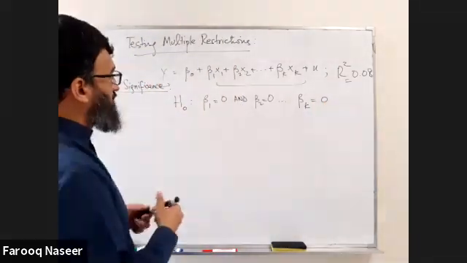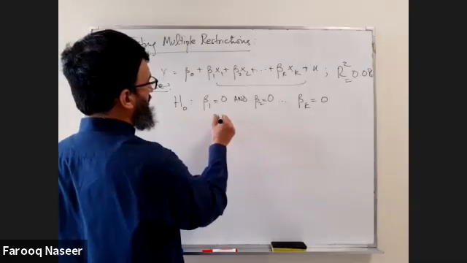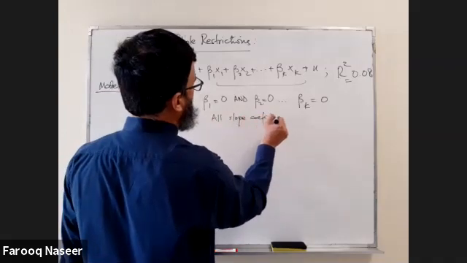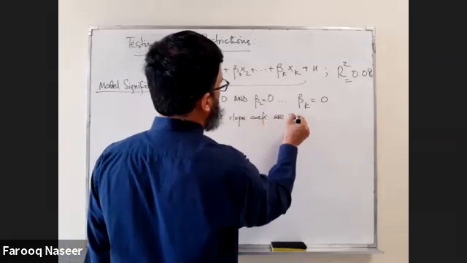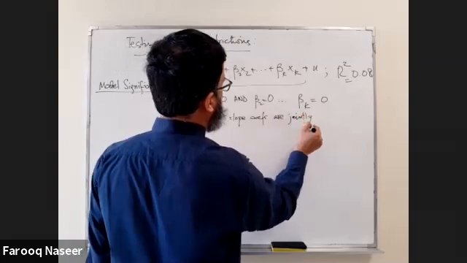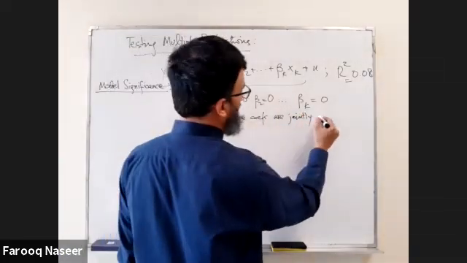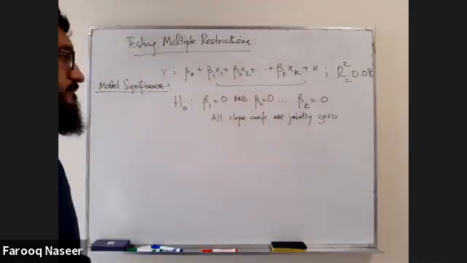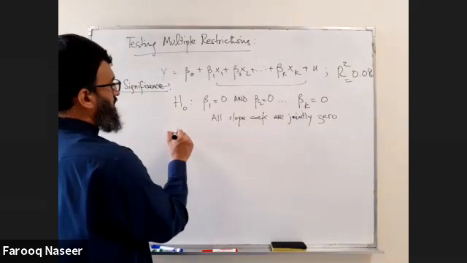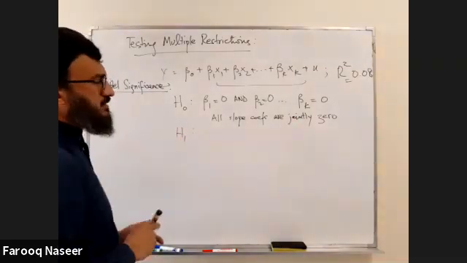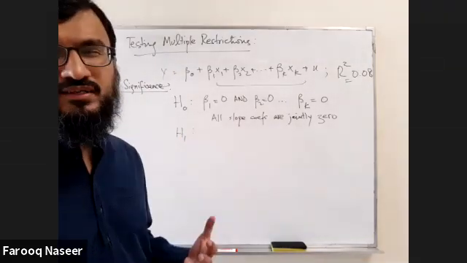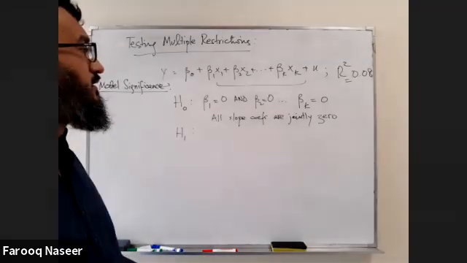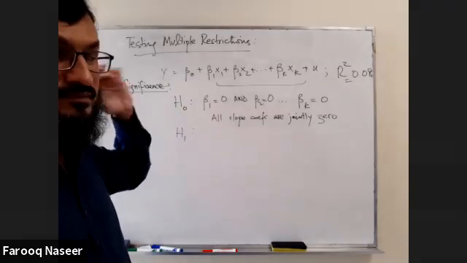You can also write this as all slope coefficients are jointly 0 in the population. Okay. What is the alternative of this null hypothesis? The alternative hypothesis is typically the opposite of the null statement. So what's the opposite of this statement?